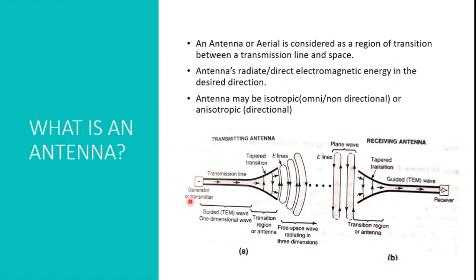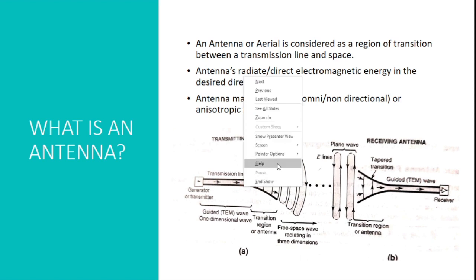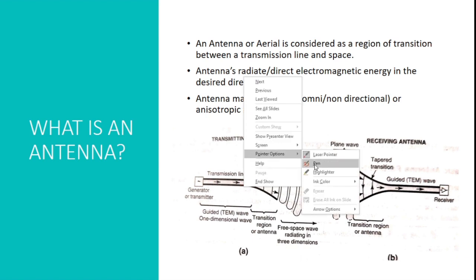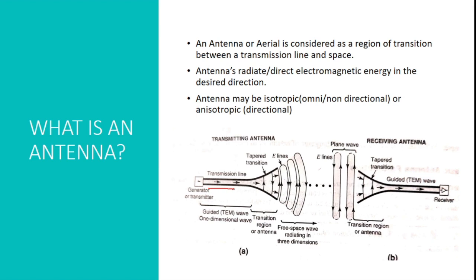If you see this diagram, from this part to this part it is a transmission line, and here it is free space, which means the radiations are in air. But between the transmission line and the free space, we need some transition medium that can transfer the guided waves into unguided waves. And that is where we have devices called antennas.